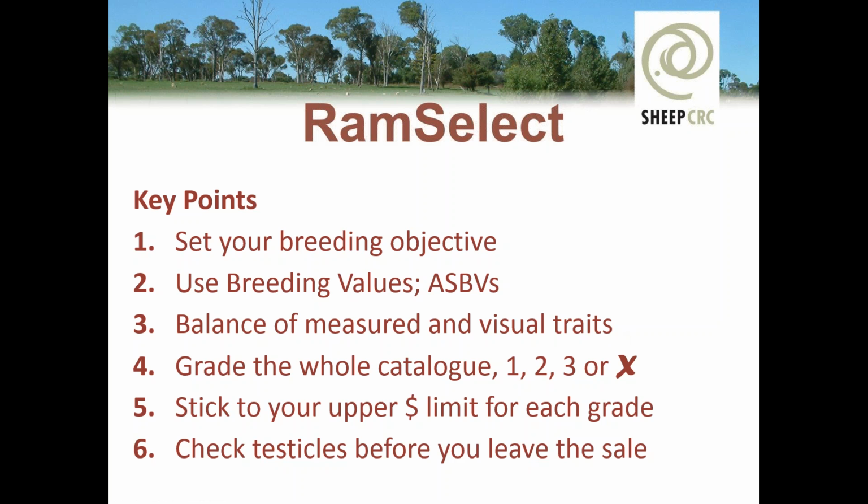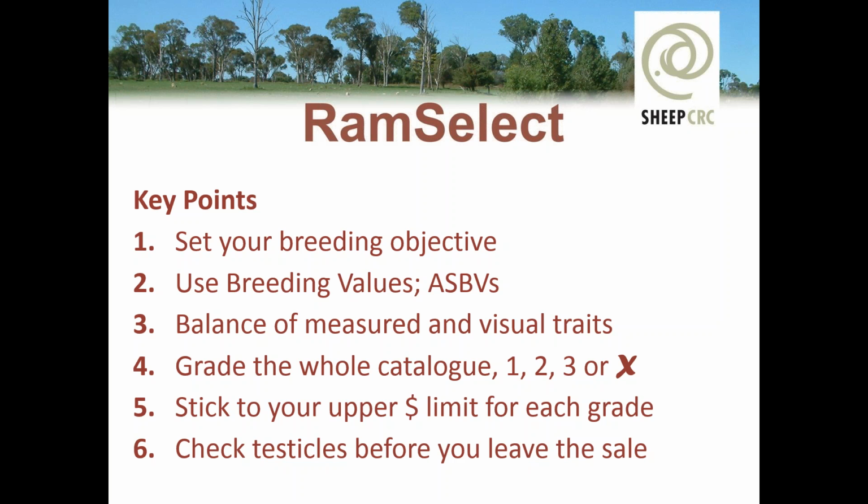The fourth point is to grade the whole catalogue. Some people just think that if they are after 3 rams, they can go along, tick half a dozen and end up with them on the back of the ute. And that so often falls into a hole because we haven't all got deep pockets. We can't all buy the rams we exactly want.